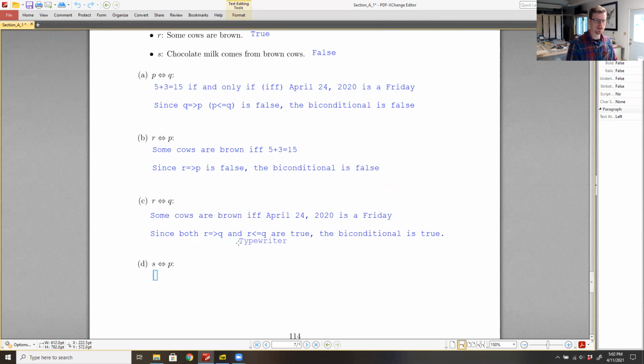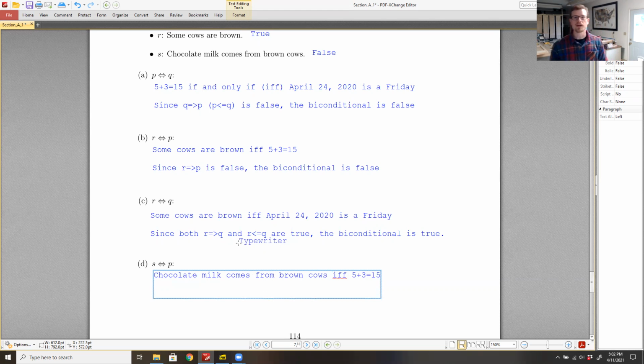All right, and then finally, S is chocolate milk comes from brown cows, if and only if 5 plus 3 is equal to 15. Now, in this case, both of them are false, so both the forward direction and the reverse direction are going to be true. If chocolate milk comes from brown cows, then 5 plus 3 is equal to 15: true.